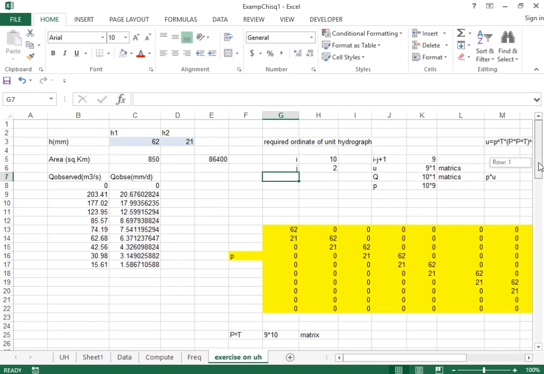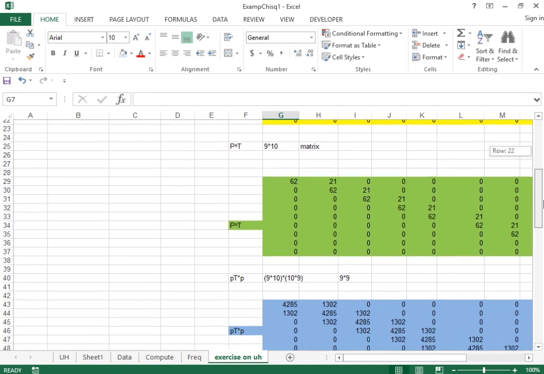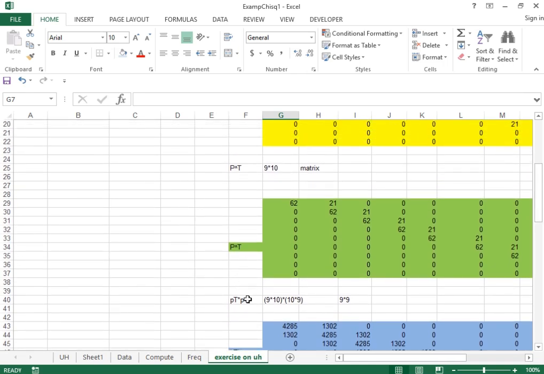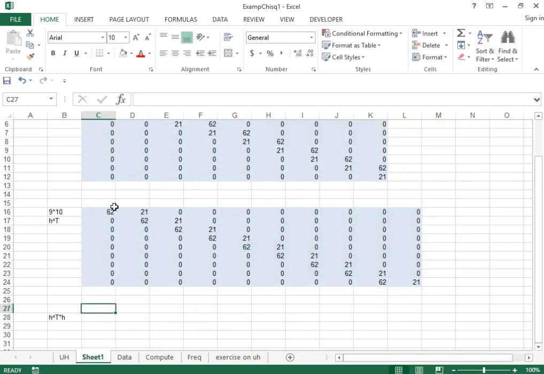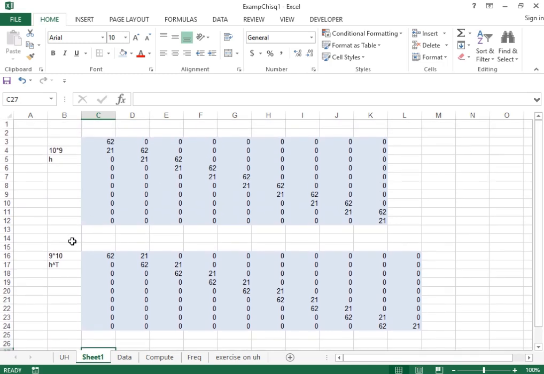The first matrix P is 9 by 10, the P transpose is 9 by 10, and the P transpose times P is a 9 by 9 matrix. You take the first dimension from the first matrix, and you take the last one from the second matrix. For instance, the first one is 10 by 9, and the second one is 9 by 10.